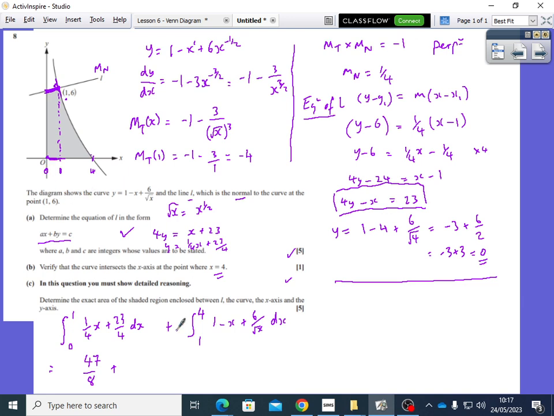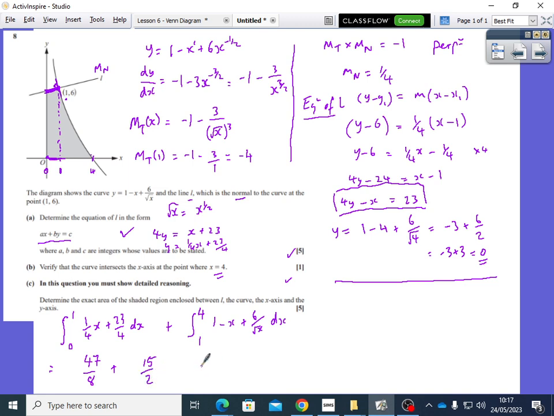Now let's do the next one, integral again, and this one is going to be 1 minus x plus 6 over root x, and then put the limits in, which are going to be 1 and 4. This equals, on your calculator again, 15/2.